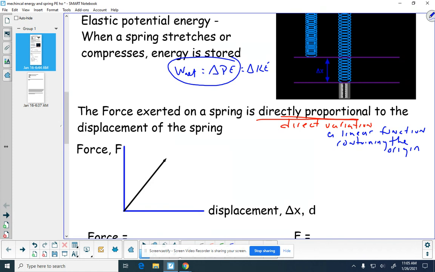So what our graph will look like is our displacement, delta x or d, on the x-axis, and my y-axis is force. They're directly proportional, which means I'm going to get a line.